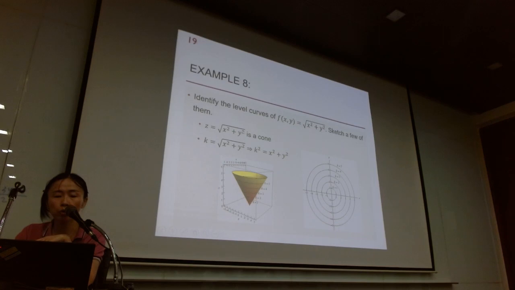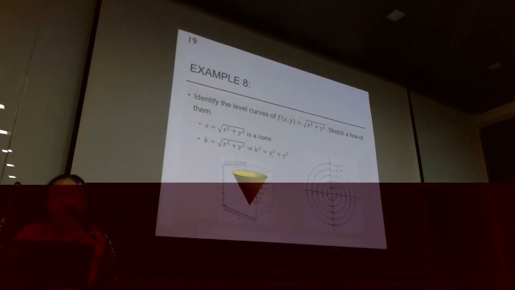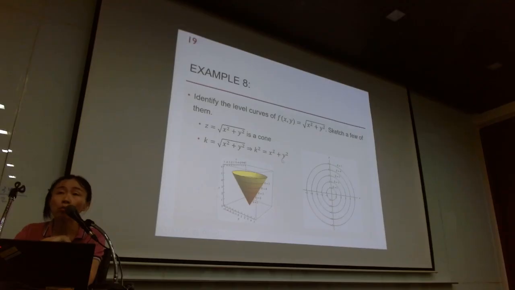So z equal to this is actually a cone, and z should be positive only. So we have k squared equal to something like this. Then this one is a circle, so the contour will have a lot of circles. Be careful: k is only able to be positive, it cannot be negative.